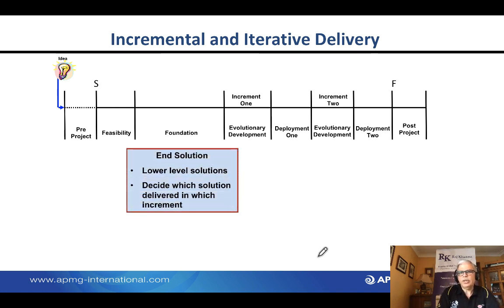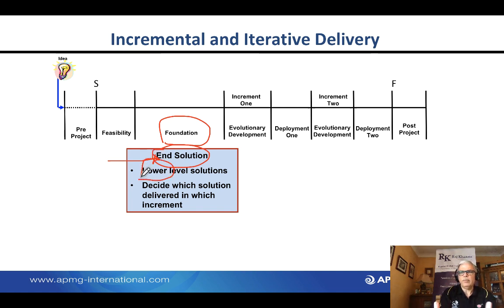Another thing we say to you is, how does it all work? So when you're in the foundation part, understand what your end solution is. What is it that we'll finally deliver? And we do a bit of MC Hammer, a bit of music, we break it down. So you break the final solution down into its lower level components.